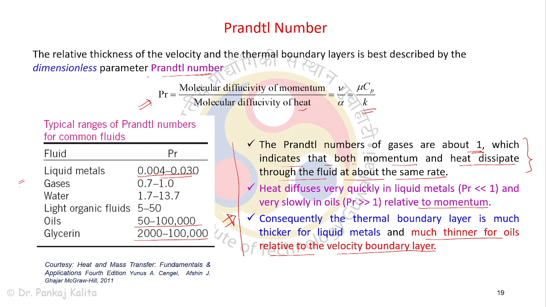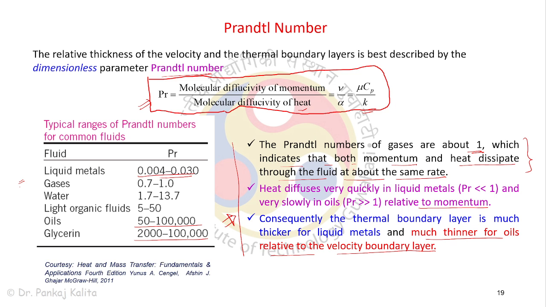So it's basically the ratio of these two things. It's the ratio of molecular diffusivity of momentum to molecular diffusivity of heat. So it tells about how quickly heat transfer occurs as compared to the momentum within a given system.